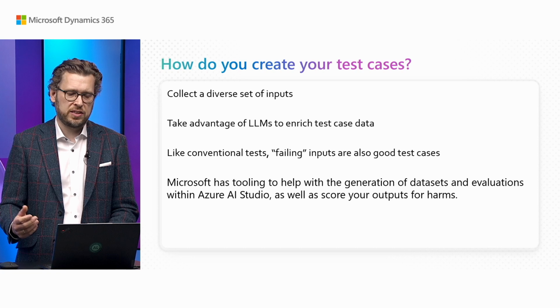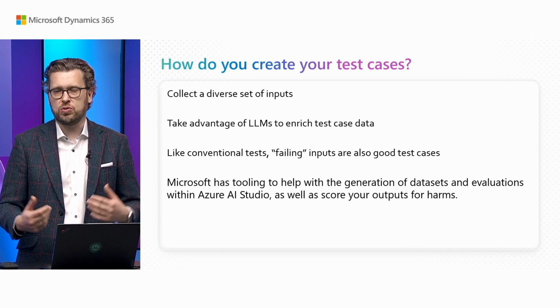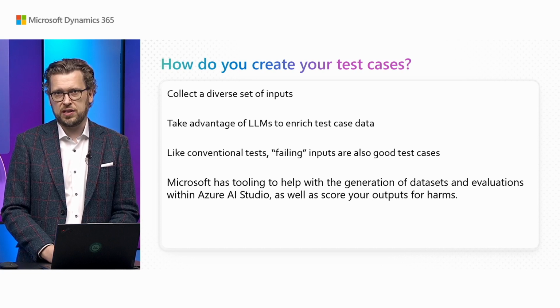And like conventional tests, failing inputs are also a good case for a test case. So you don't just have to test that your Copilot feature returns expected results, but also test scenarios where it's failing, or should produce failures. Maybe if it's good at creating sales order lines, you cannot have it generate marketing text, right? So that could be things to have in your tests.